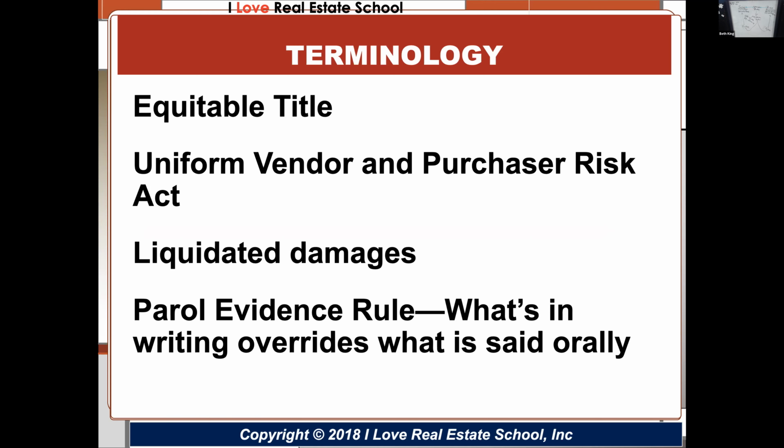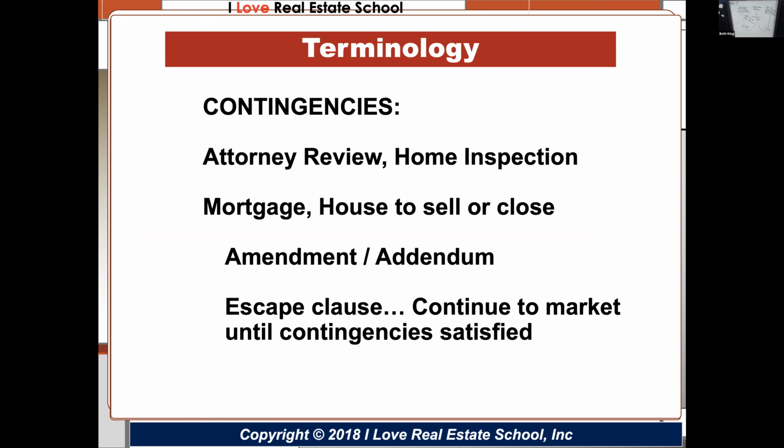Now, the next thing, contingency. So on page 214, about 2/3 of the way down, highlight contingencies. Additional conditions that must be satisfied before a sales contract is fully enforceable are called contingencies. Okay, so let's talk about the most common types of contingencies that are out there. First off, almost every real estate contract has an attorney review period.